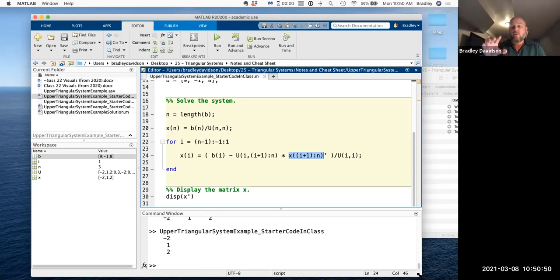Okay, so as you're looking through this, go back through that algorithm that we just created really quickly today, and make sure that you understand each of the steps and why it works. So why this algorithm is appropriate to be used for an upper triangular matrix.